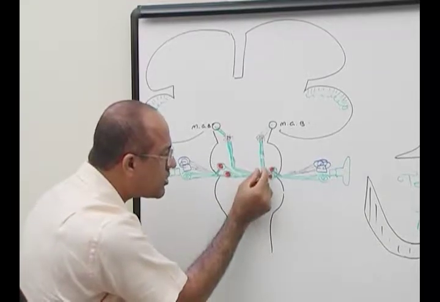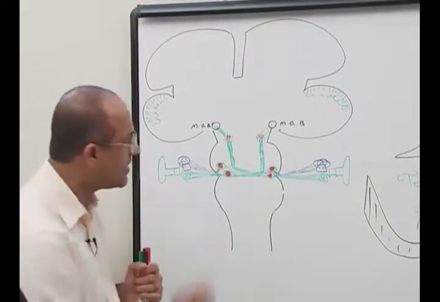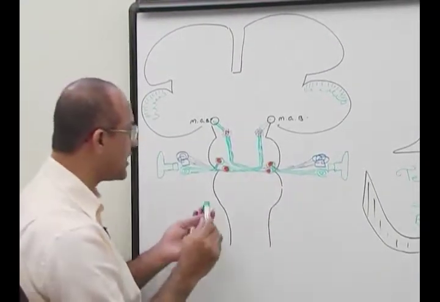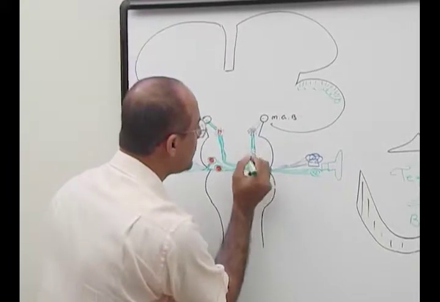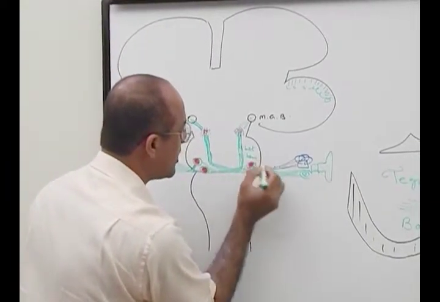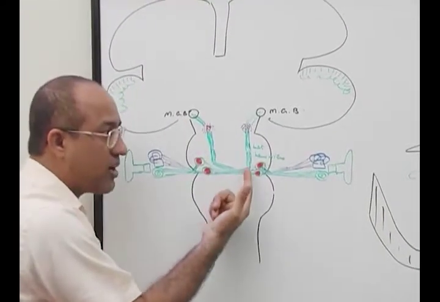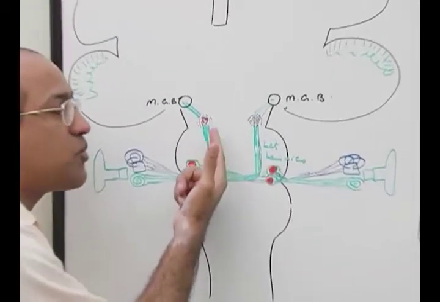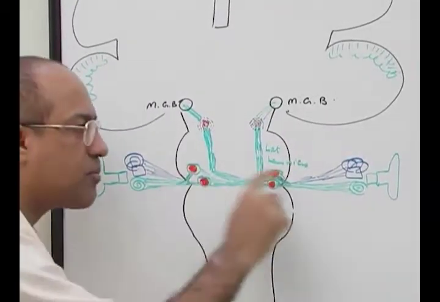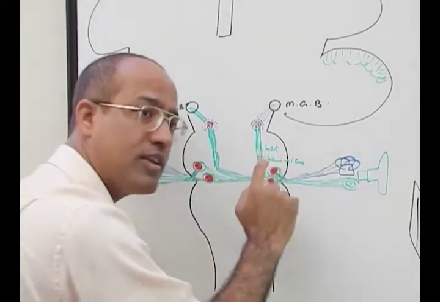This bundle of fibers which are going upward, taking the auditory information, this bundle is called, excellent, the lateral lemniscus. So from the trapezoid body, the lateral lemniscus is going upward throughout the pons. So the lateral lemniscus can appear in the lower pontine section as well as in the upper pontine section.